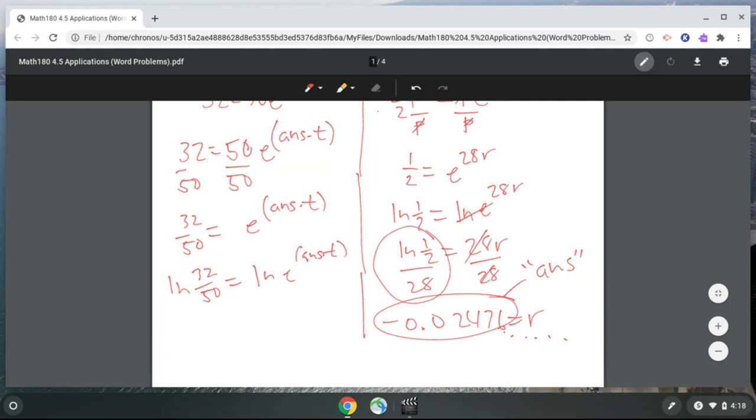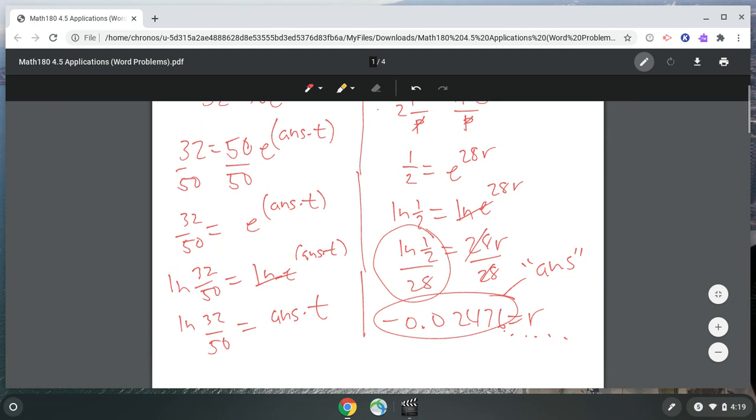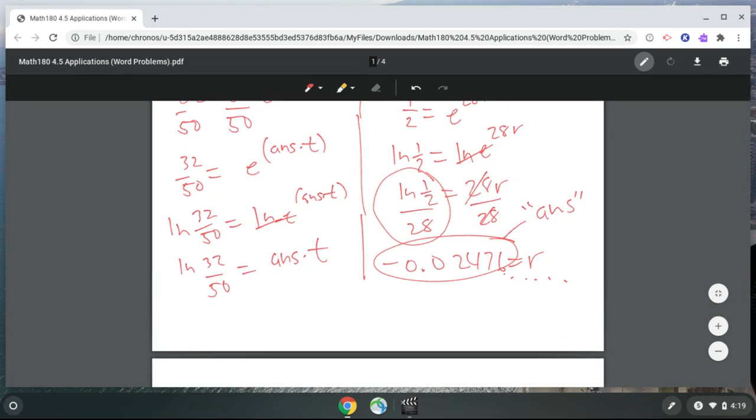Okay, and then over here, it's like these guys cancel out. So I get ln 32 over 50 equals your answer times t. Okay. And now you can solve for t, divide by this on both sides. And you should get 18.03 equals t. Okay.